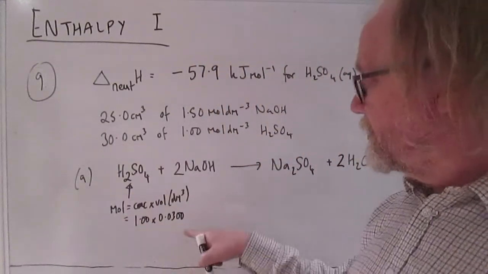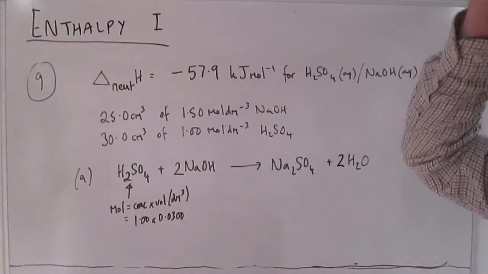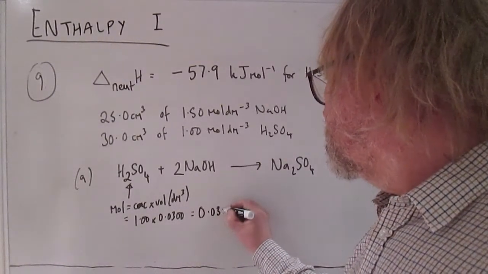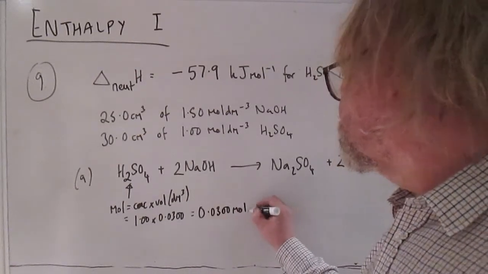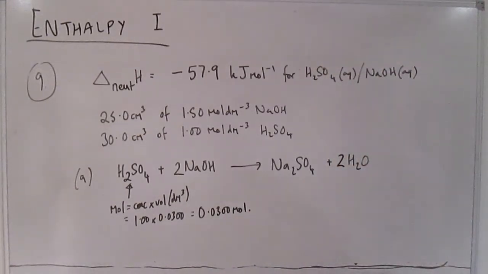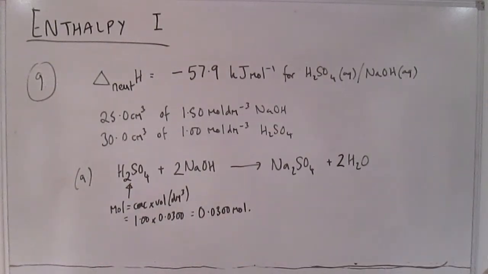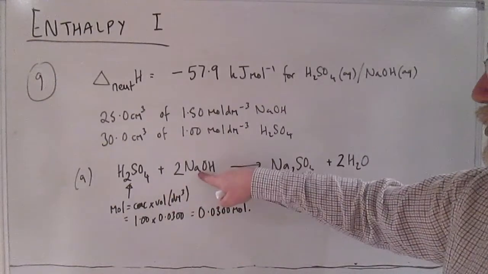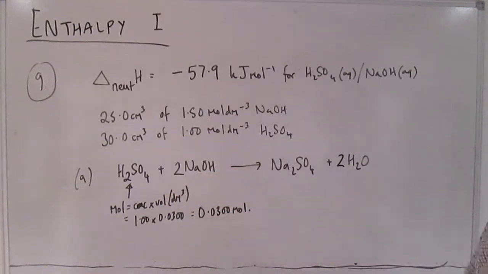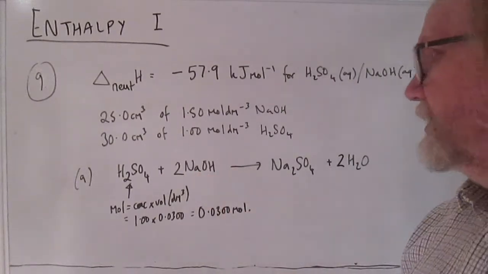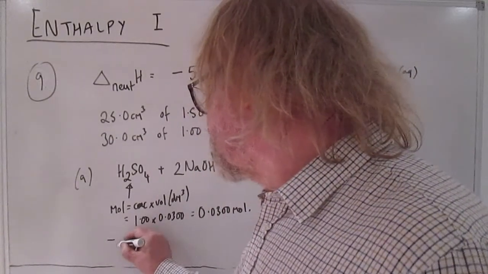Okay, 30 cm cubed divided by 1000 is 0.03 dm cubed, so 0.03 moles. So what the equation tells us is that if all of those 0.03 moles are going to react, we need twice as much sodium hydroxide. So in other words, we'll need 0.06 moles for all of that to react.